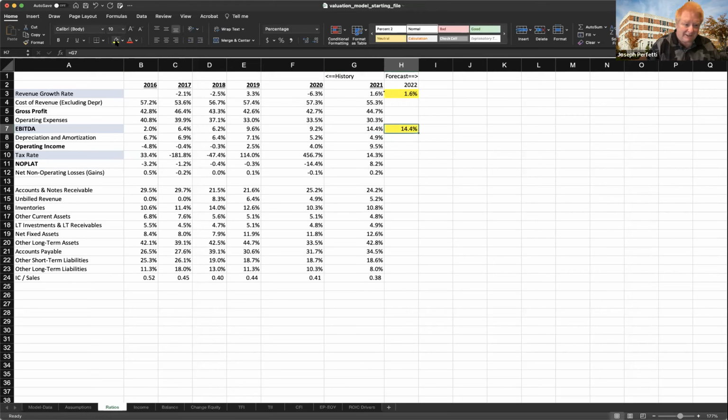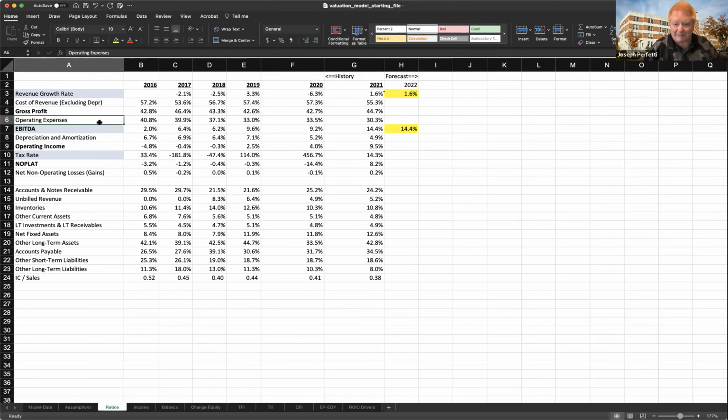Now, in order to forecast EBITDA, I would actually need to forecast cost of revenue and operating expenses. This is my direct cost, cost of goods sold. This is my indirect cost, my SG&A. Subtract these two from revenue, I get EBITDA. Now, for simplicity, we're going to directly forecast EBITDA in the model. We're not going to forecast these two individually.